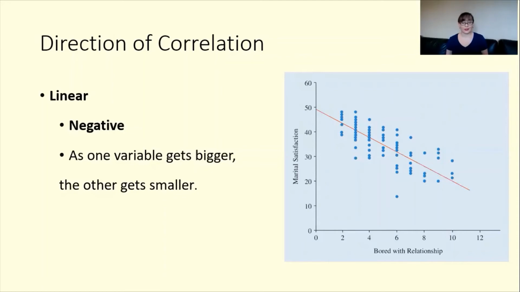In this case, again, there's this reverse relationship for each individual on both of these variables. So for instance, more boredom with a relationship equates to less marital satisfaction, but less boredom equates to more marital satisfaction. There's a relationship between these variables. It's in the opposite direction.